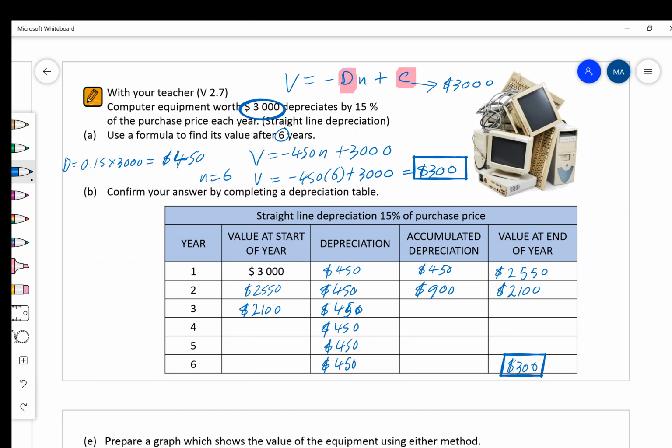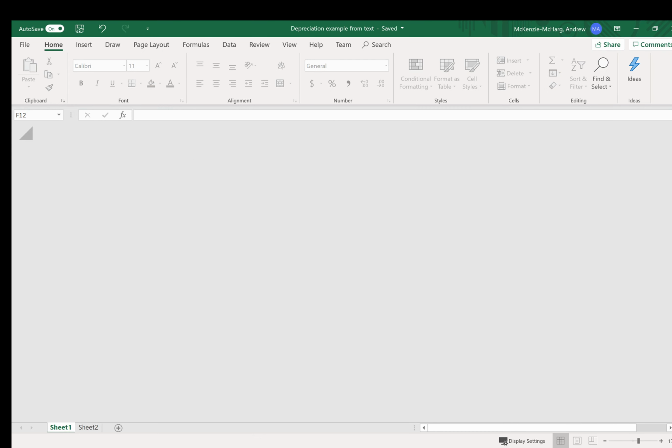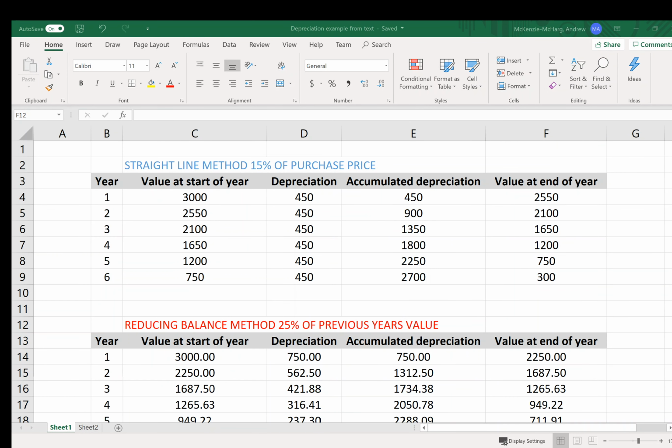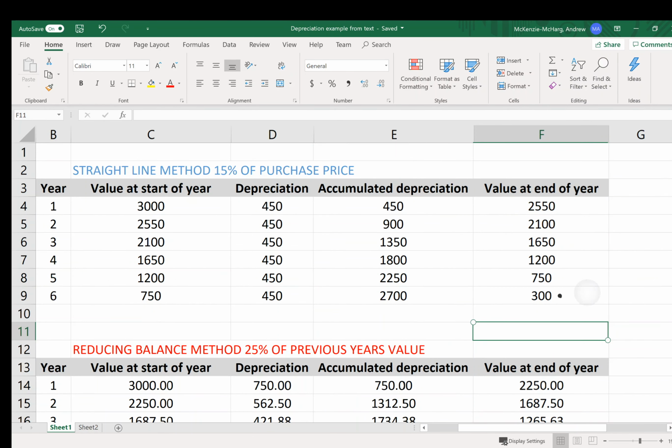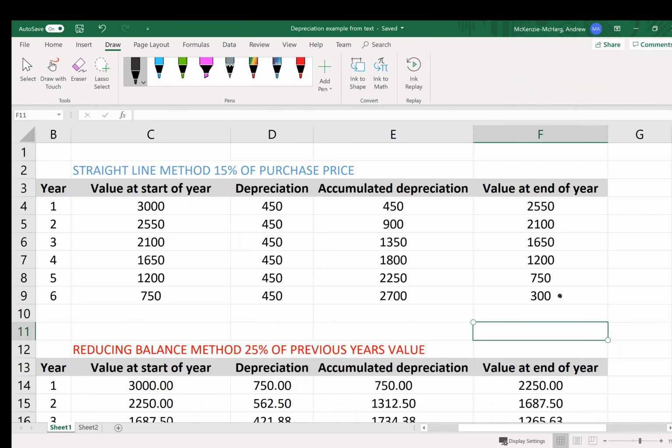Now I'm going to show you an example I've done on an Excel spreadsheet. This is what the table should look like by the end. You can see that indeed we got $300 at the very end for the last value after 6 years.